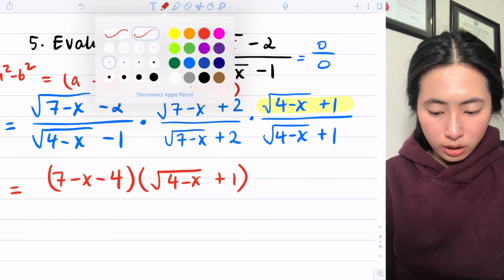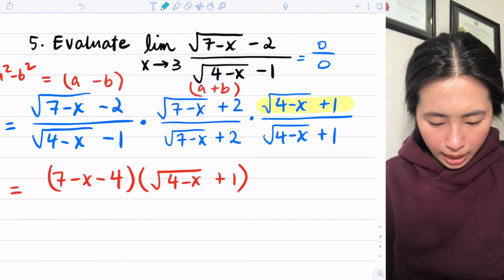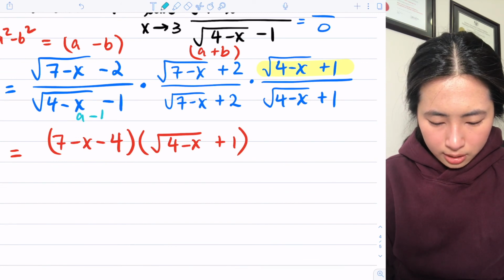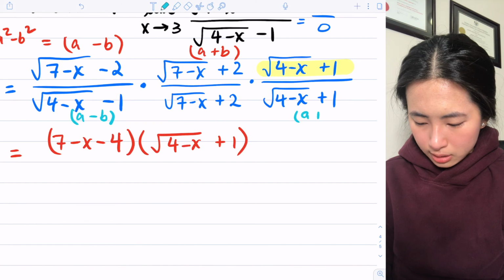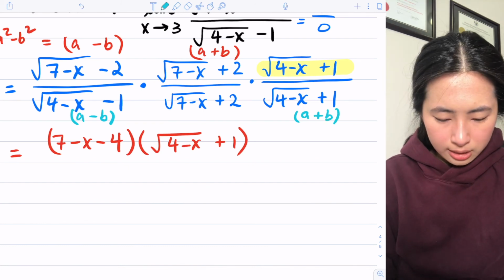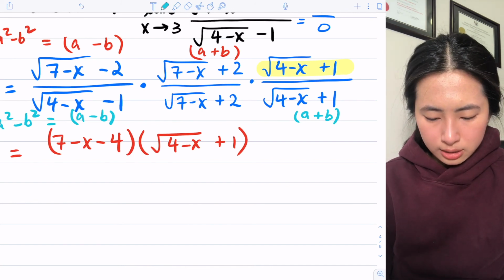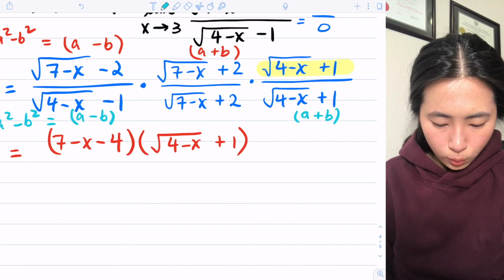Now, looking at our denominator, we see that we have a minus b, and we also have a plus b in this case. So again, this is a squared minus b squared, difference of perfect squares. So we can rewrite square root of 4 minus x minus 1 times square root of 4 minus x plus 1 in terms of a squared minus b squared.